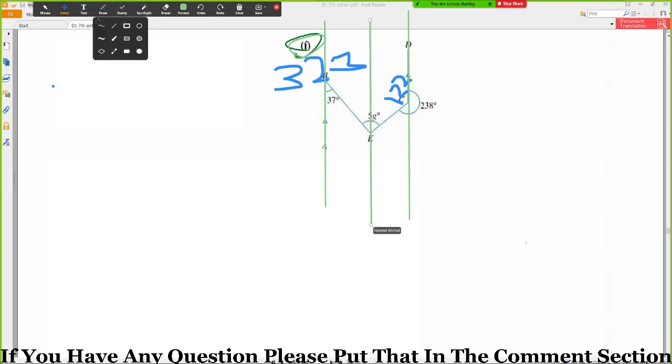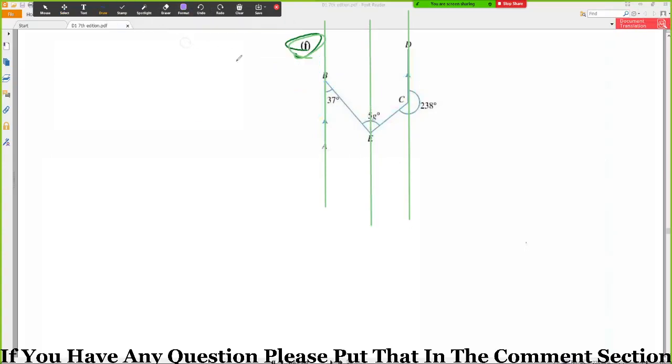Okay, so now in this case what will happen, this is 180, so this angle will be equal to 238 minus 180. जैसे 180 extract कर लो, so you will get another angle, 58 आ जाएगा आपके पास.